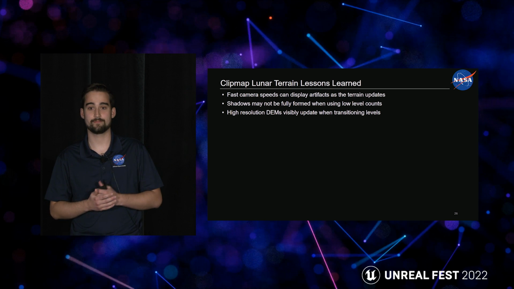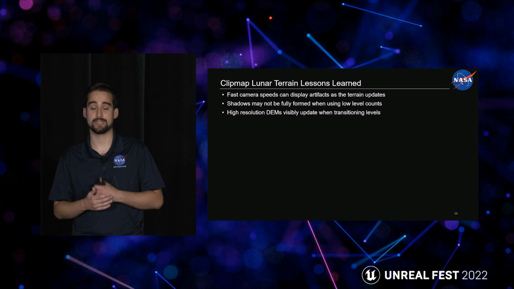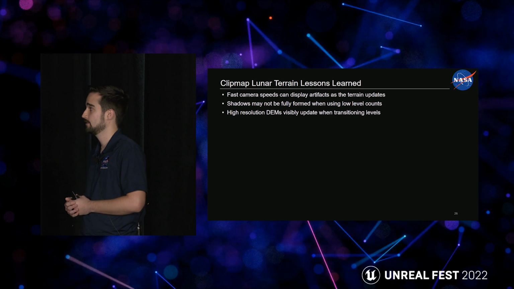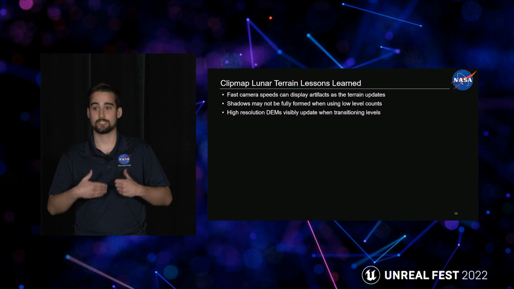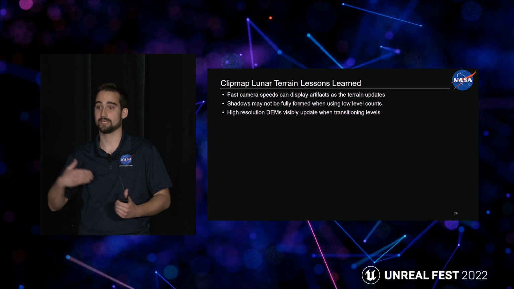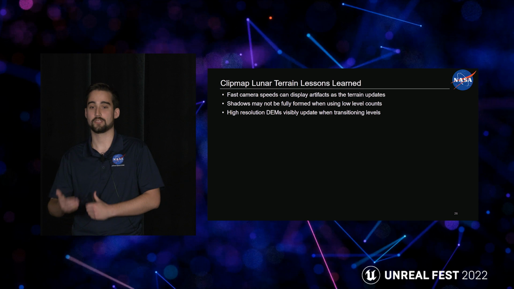And that's primarily because the actual features needed to cast those shadows might not be fully rendered themselves. And then finally, if you're in a lower resolution area of the terrain, such as 50 meters per pixel, and you teleport instantly to say a 20 centimeter per pixel area, you might actually see that terrain briefly load in.